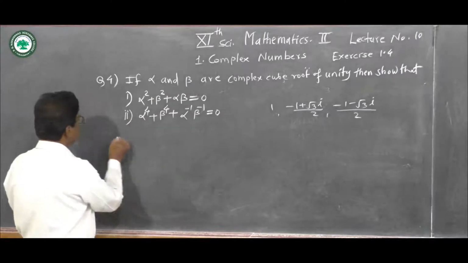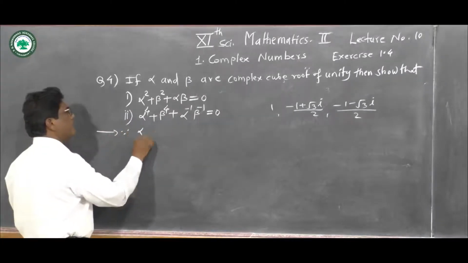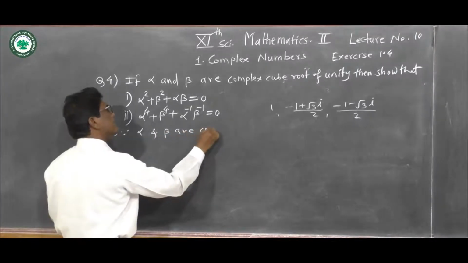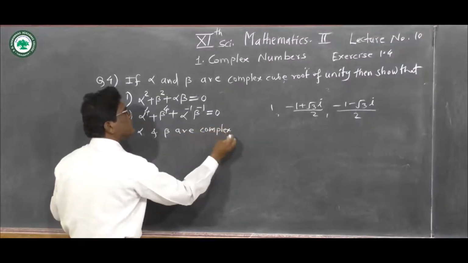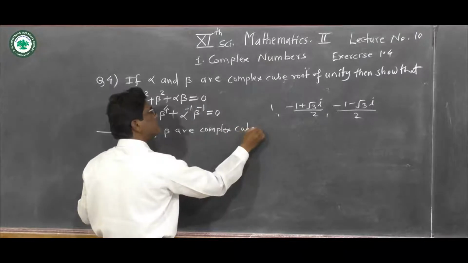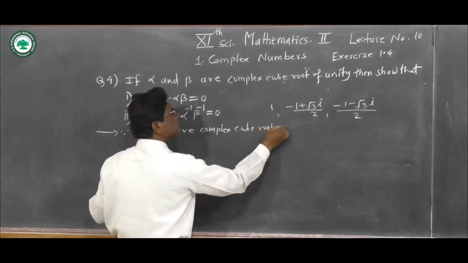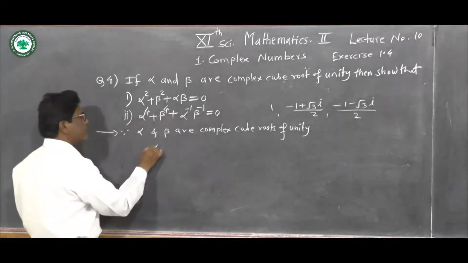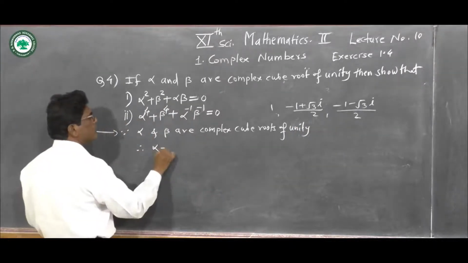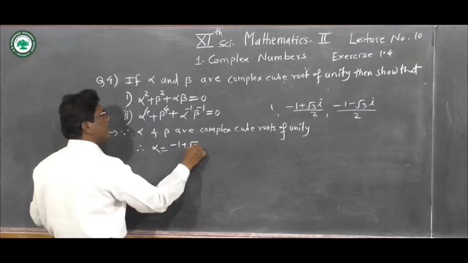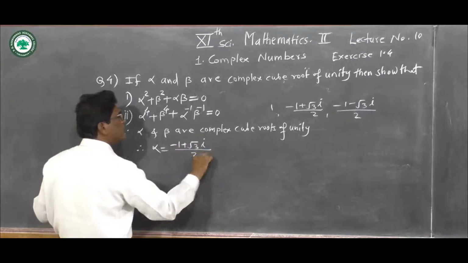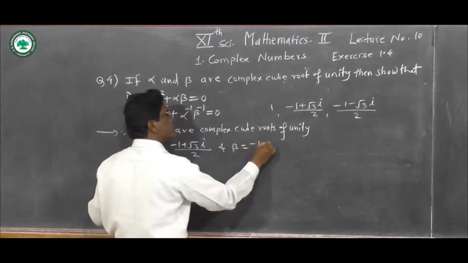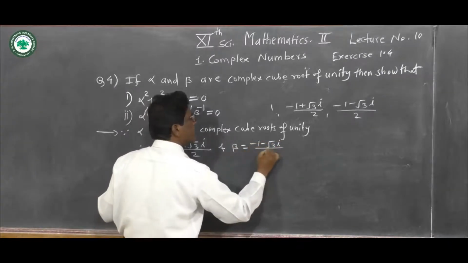So here we write, since alpha and beta are complex cube roots of unity, let us assume therefore alpha is equal to minus 1 plus root 3i divided by 2 and beta is equal to minus 1 minus root 3i divided by 2.